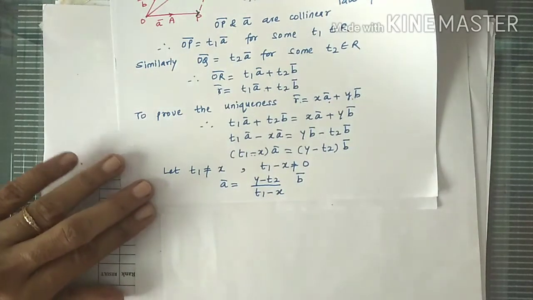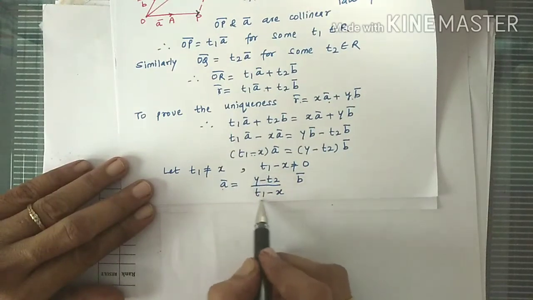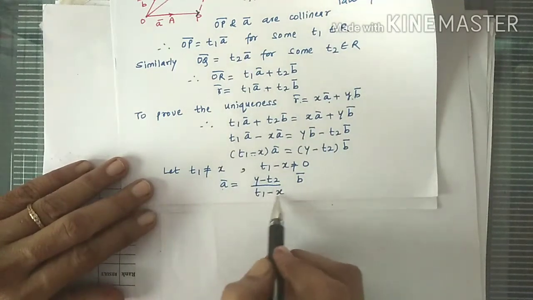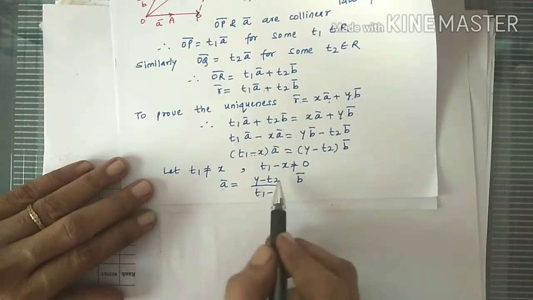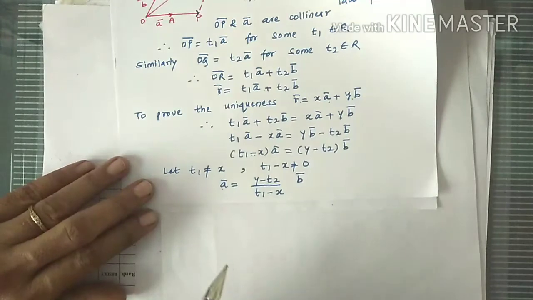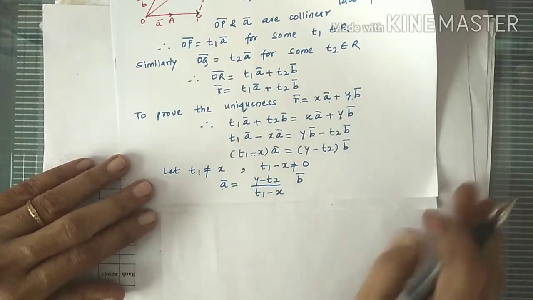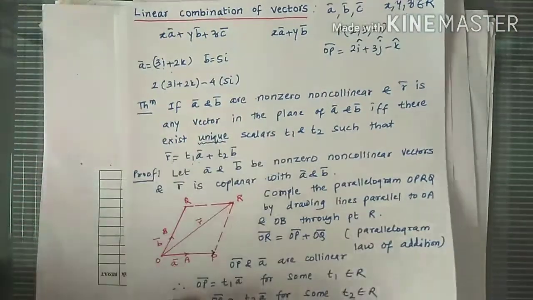So now what we get is A bar as a scalar multiple of B bar, as these are all scalars, all real numbers. So their difference and their quotient is also a real number. So A bar is a scalar multiple of B bar, and this is possible only when they are collinear.